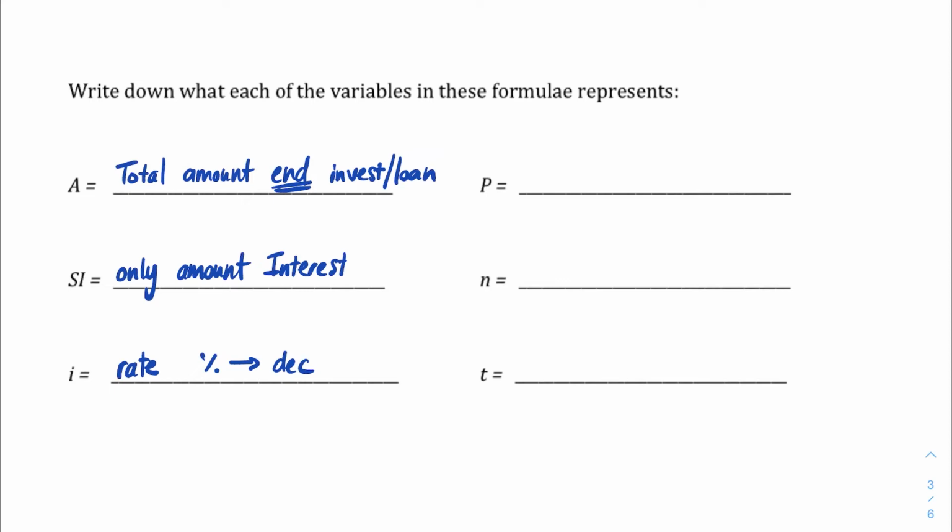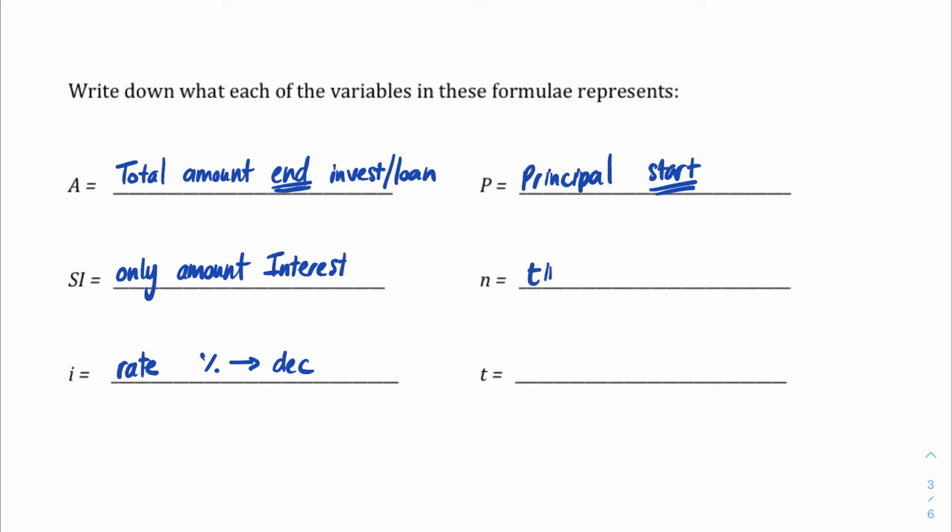Remember, P stands for your principal amount, which in terms of time is at the beginning, at the start of the investment, or in a loan, it's how much I borrow. I borrow the smaller amount and I pay back much more.